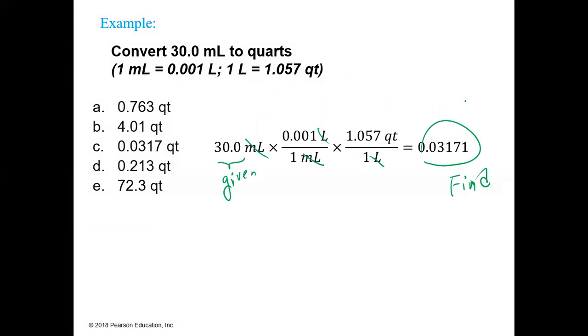Again, you have to decide the sig figs. This one has 3 sig figs, and this one has 4 sig figs. And all those numbers here are exact.